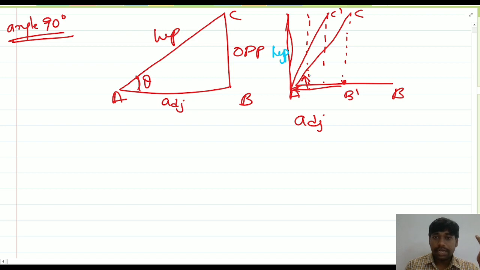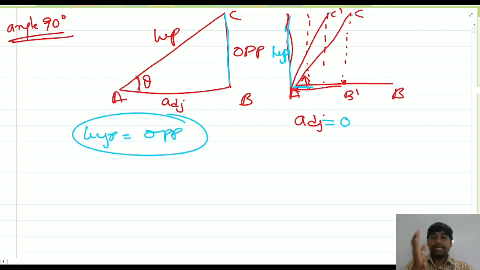This hypotenuse is becoming equal to the opposite side. Hypotenuse is becoming equal to opposite, adjacent is becoming 0. So both are equal as the angle increases to 90 degrees.